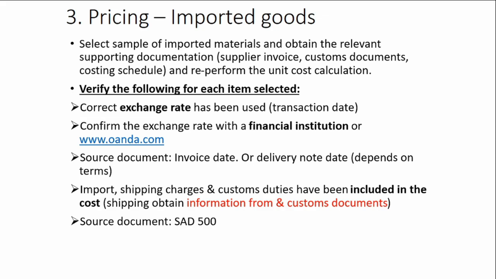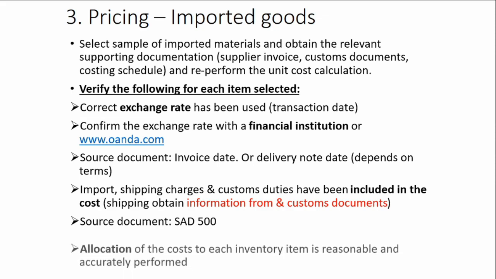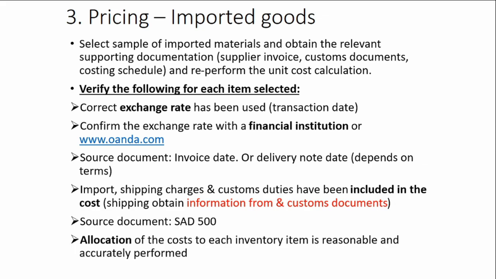It will have all of the shipment amounts and the shipment costs on that document. We as auditors want to look at that document because it's external to the audit client, right? Because it's issued by SARS, it's issued by the Port Authority. So as a result, it becomes a valuable document for us to use.